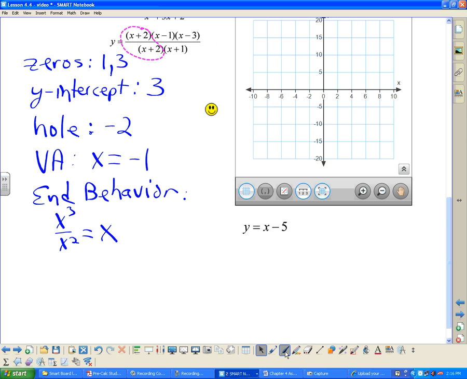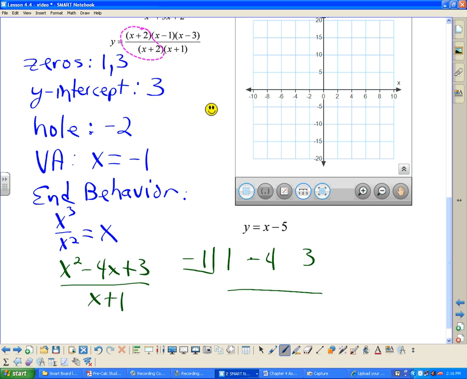So if I rewrote those, we would have x squared minus 4x plus 3 when I multiply or FOIL the numerator, over x plus 1. So then we're going to use synthetic division to find our end behavior, which is a slant asymptote in this case.